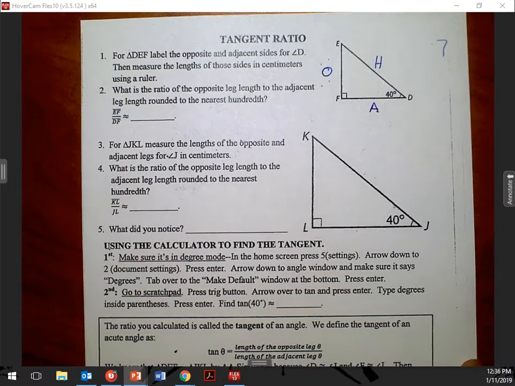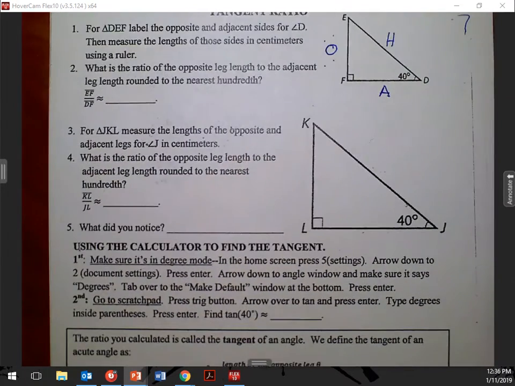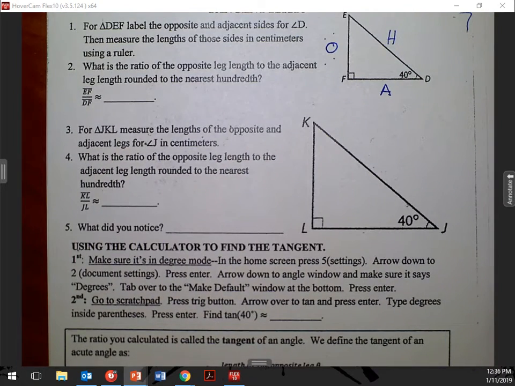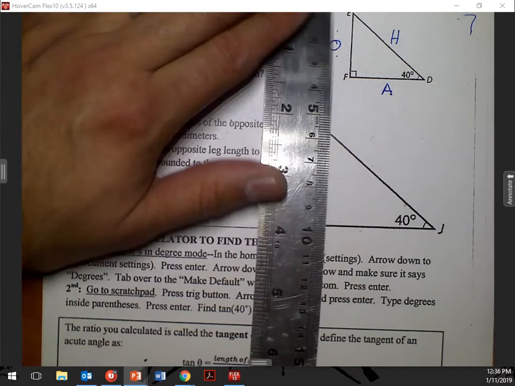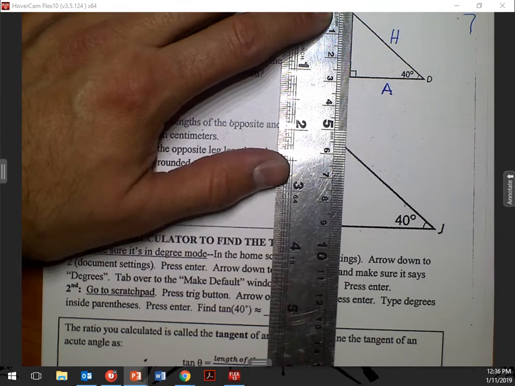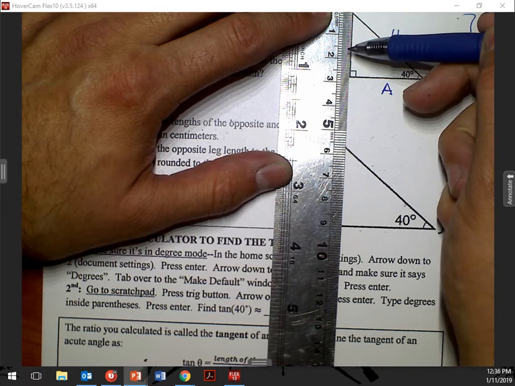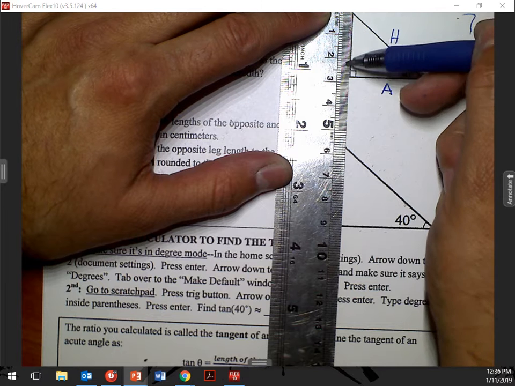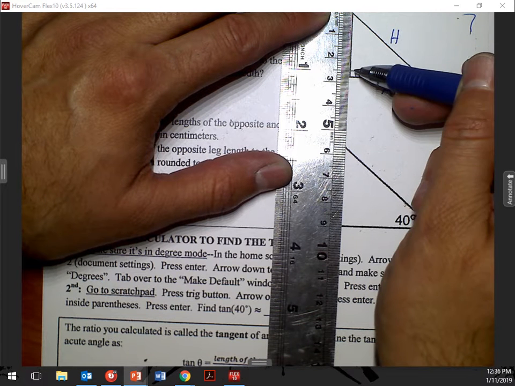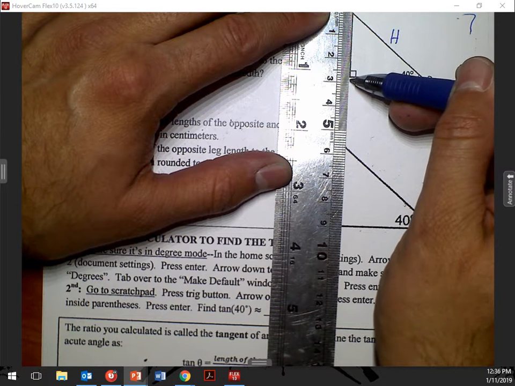Okay, so number 2, we're not going to measure this with the ruler, because it takes a little bit longer. But I'm going to show you what it would be. I'm going to go through and do this one for you, and it says in centimeters. So this one right here is 2 point, what's that going to be?